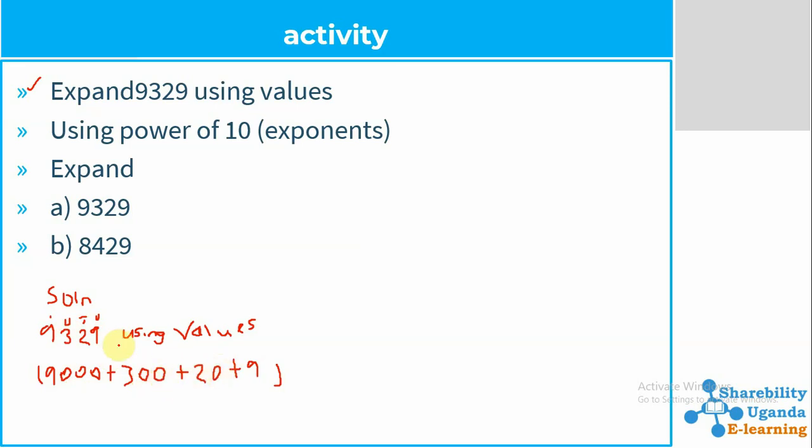Our 2 in tens is 1 zero. Our 9, which is in ones, represents that same number. So here we have solved it using values.